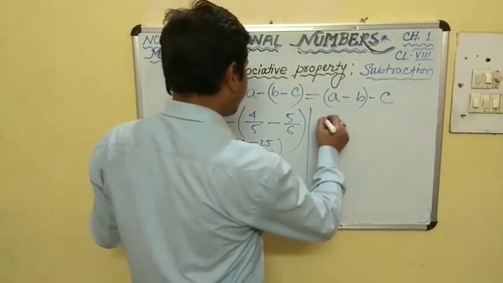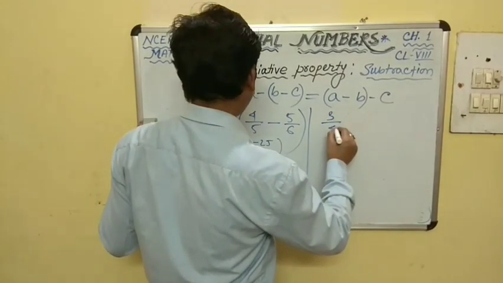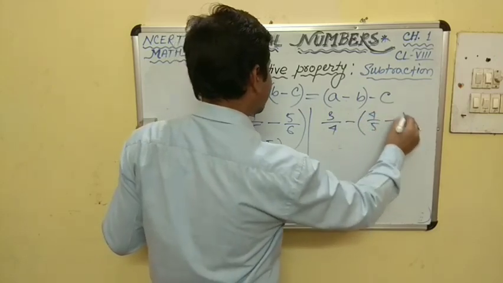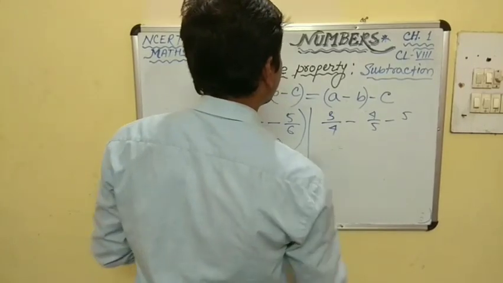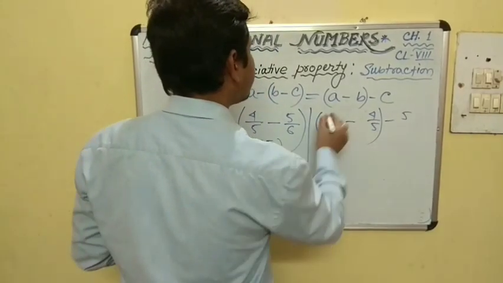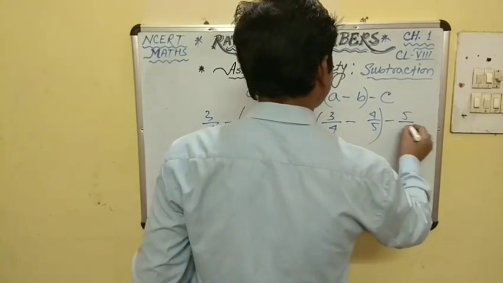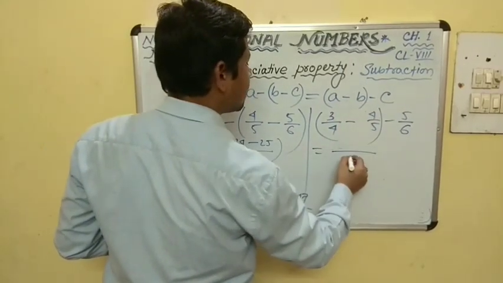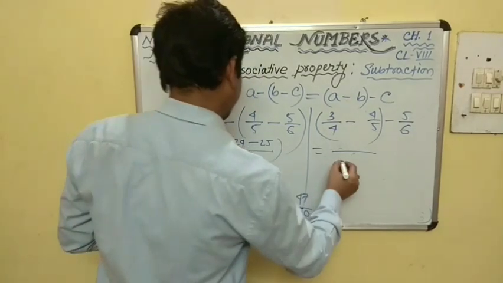So if we go for the other side, what is the result? 3 by 4 minus 4 by 5 minus 5 by 6, so I will be taking (a minus b) minus c. So 3 by 4 minus 4 by 5 minus 5 by 6, that is a minus b minus c. 4 fives are 20.